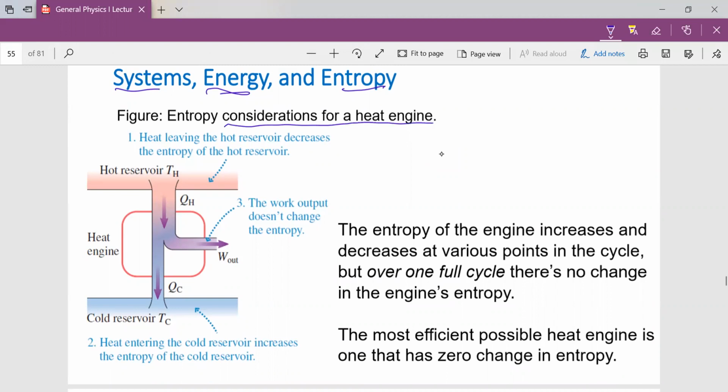The heat engine we have seen before is the one that will have the hot reservoir with the QH and the QC, and the heat flowing naturally from hot to cold, and part of it taken to do some work. Okay, so the work output does not change the entropy.